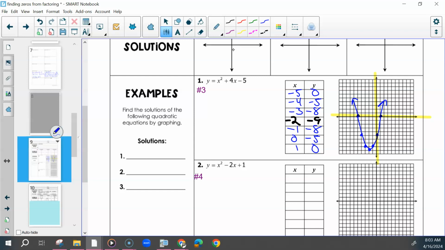Where does it cross the x-axis? -5 and 1. So you can see that from the table, you can see it from the graph.